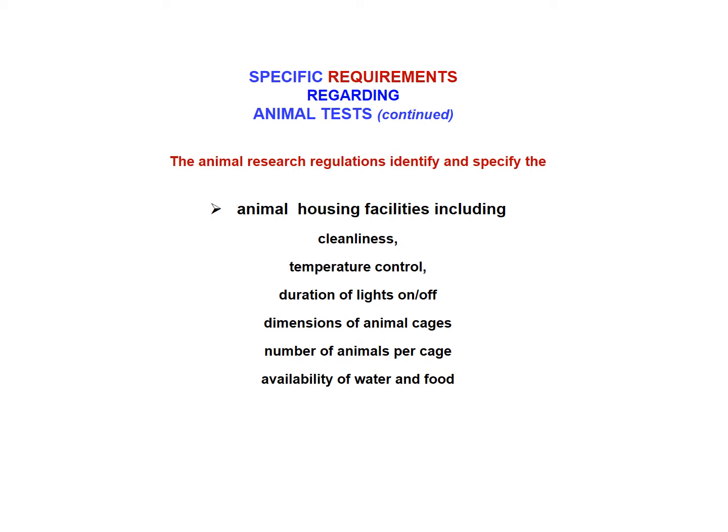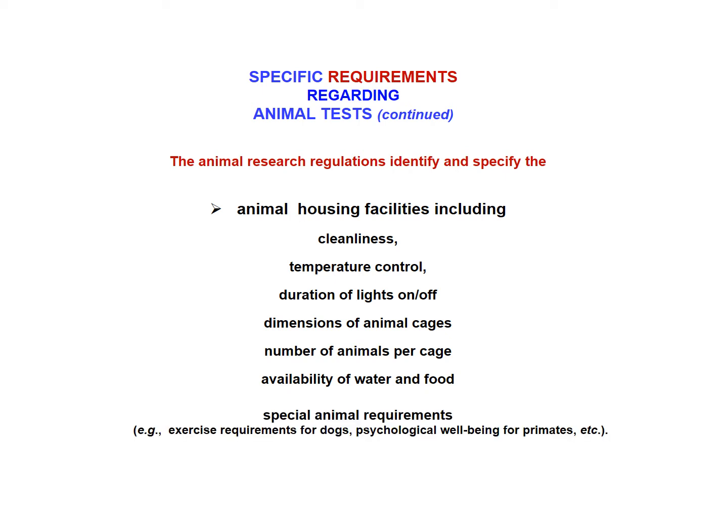Of course, if the animals are going to undergo surgery, then food will not be given to the animals prior to surgery, similar to what happens with humans undergoing surgical procedures. Availability of water, however, is something that must be available to the animals at all times.